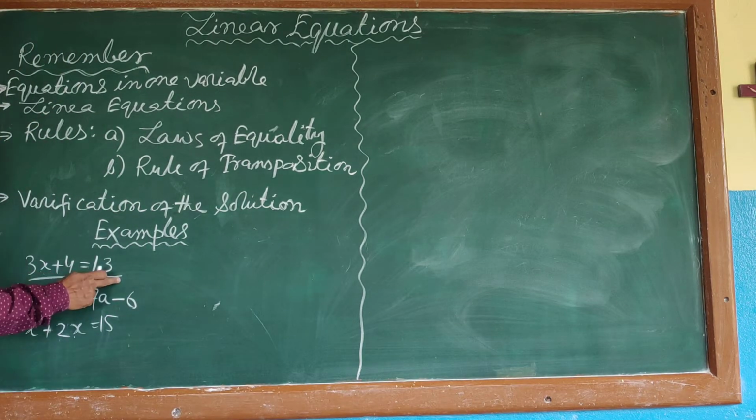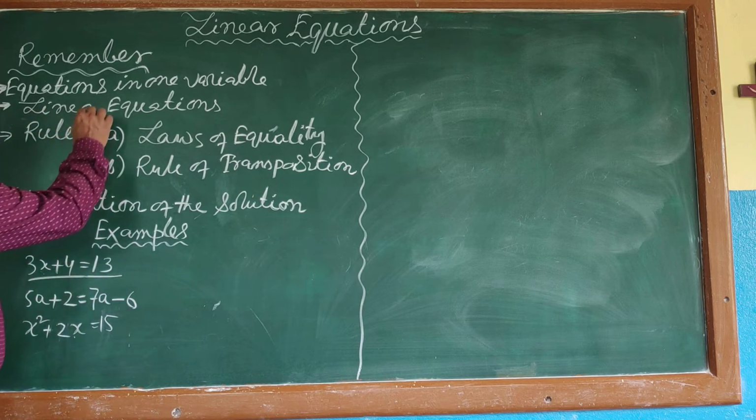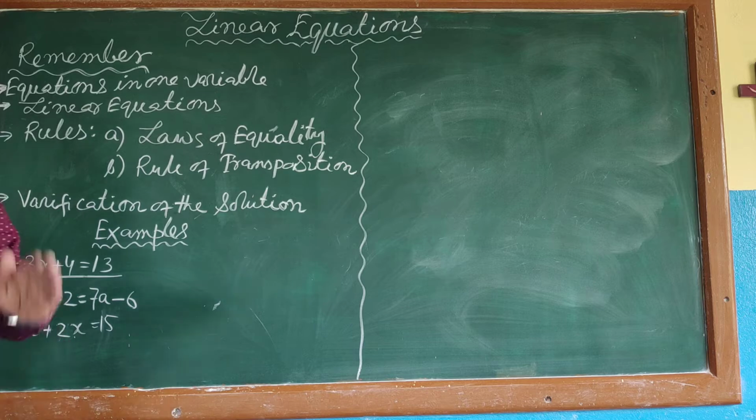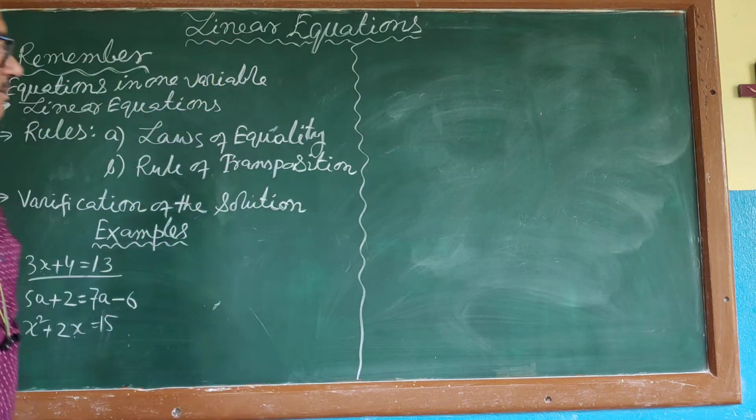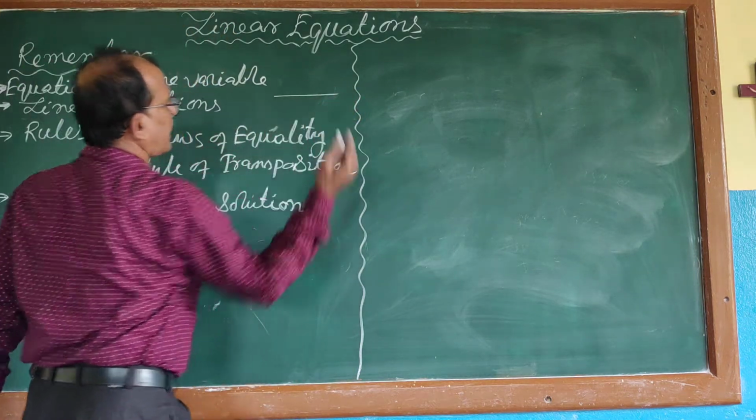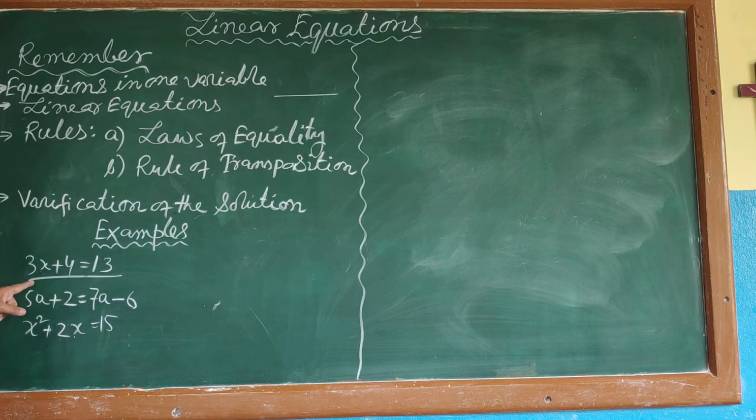Is it not an equation in one variable? Yes, it is. Now, why do we call it linear? Linear means, the word came from line, which represents a line. So why is it called linear? Because in this expression the degree of the variable is 1 only.